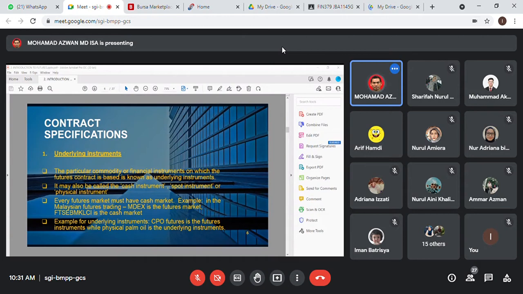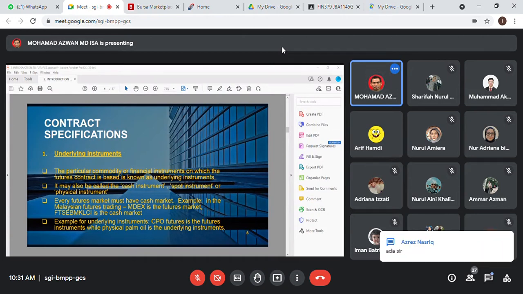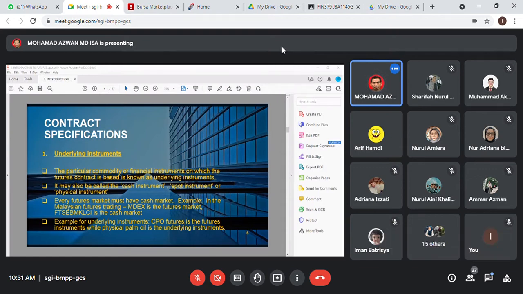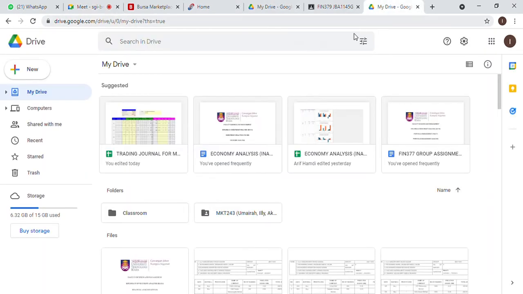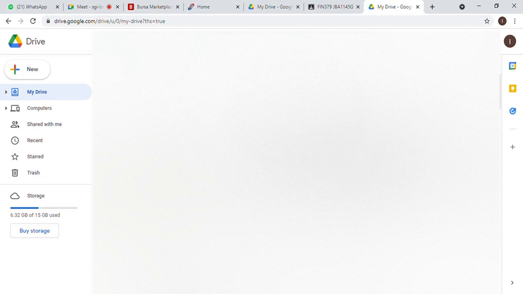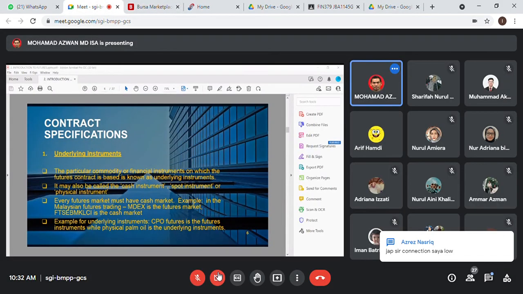Azrik Khairi ada? Azrik. What is the underlying instrument for FKLI? Ada. Ili Amira ada? Ili Amira.